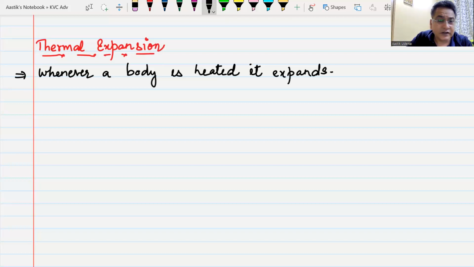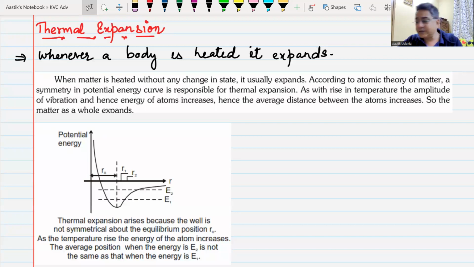Now, that is the reason for thermal expansion. When temperature increases, the amplitude of vibration increases, and this potential energy curve is not symmetric. Because it is not symmetric, when the amplitudes of vibration increase, the potential energy is minimum when the distance between them increases.